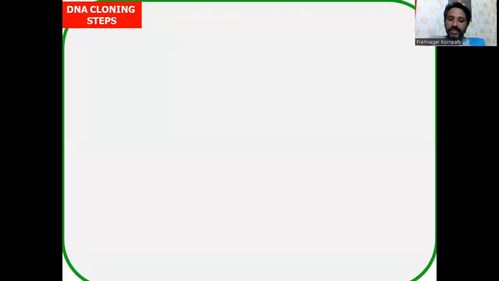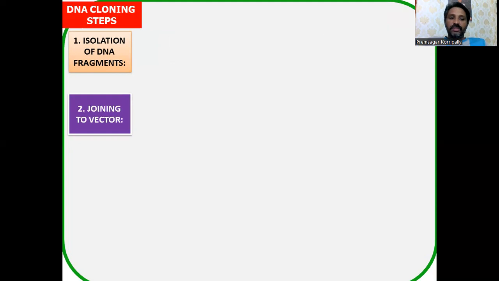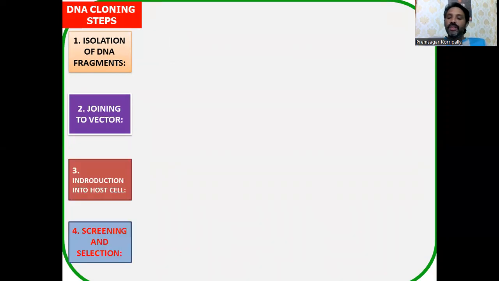So you can see again the DNA cloning steps: isolation of DNA fragments, the second one is joining to vector, the third one is introduction to the host cell, and the fourth one is screening and selection of recombinant clones. Here, what are the different methods or routes available for each and every step?